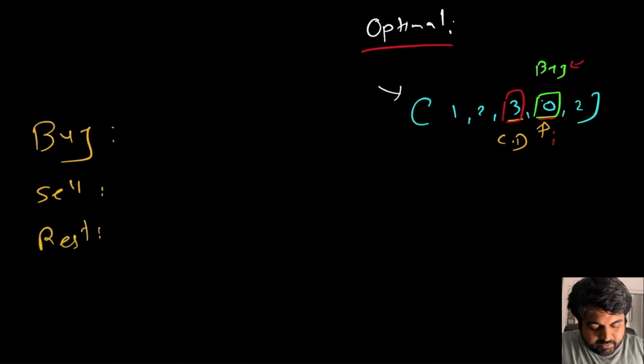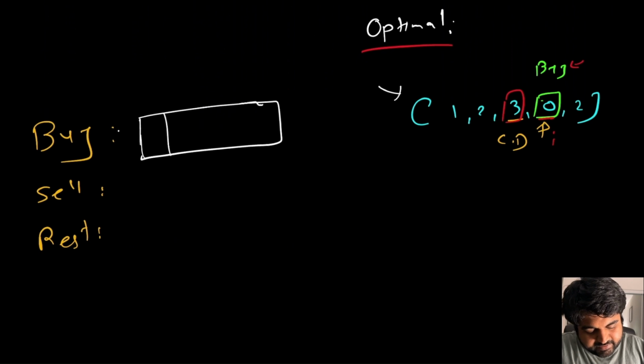Now let's generate the mathematical equation for buy. We have to remember the maximum profit achieved on the day before, and not on the current day. For that, we need a data structure that stores that information, and we can use an array.